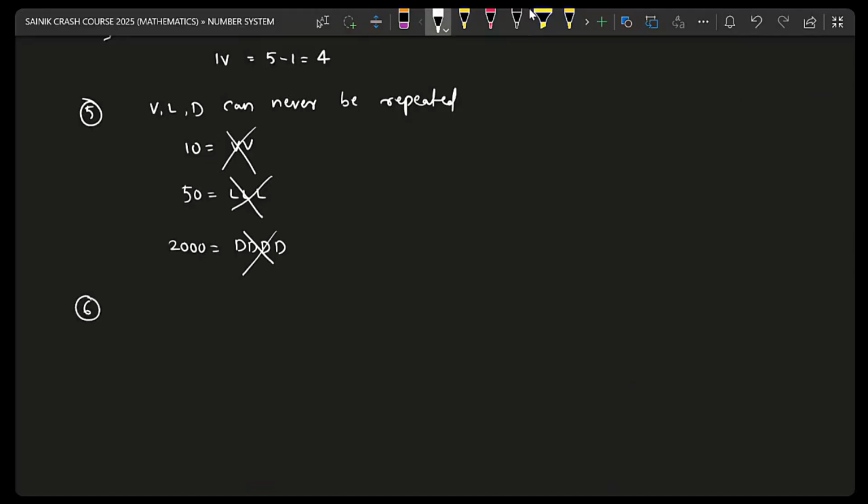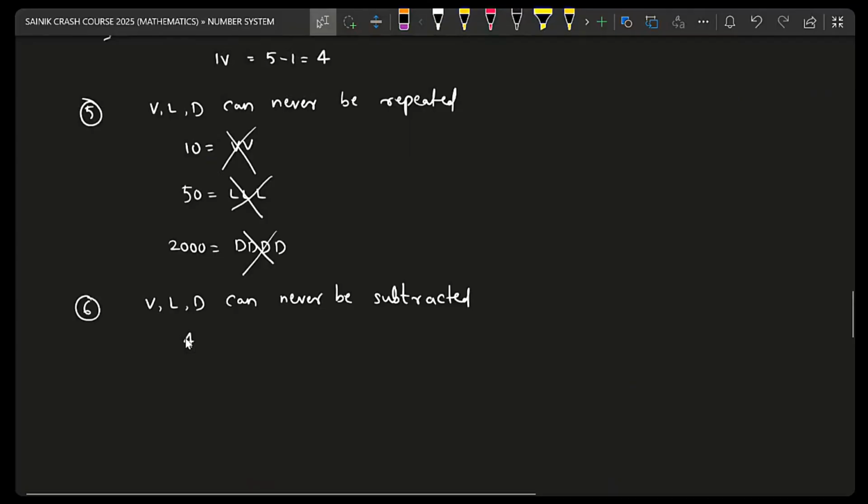And the sixth rule is regarding VLD only. VLD can never be subtracted also. That means you cannot write VLD to the left of any greater letter. You cannot subtract from any bigger letter. For example, I want to write 45.